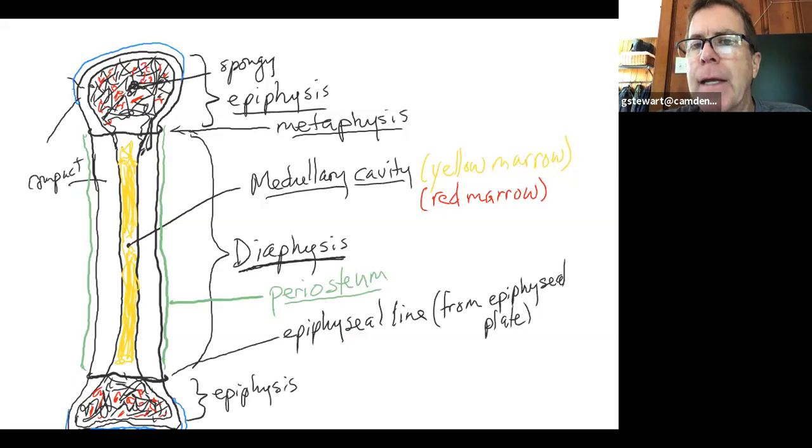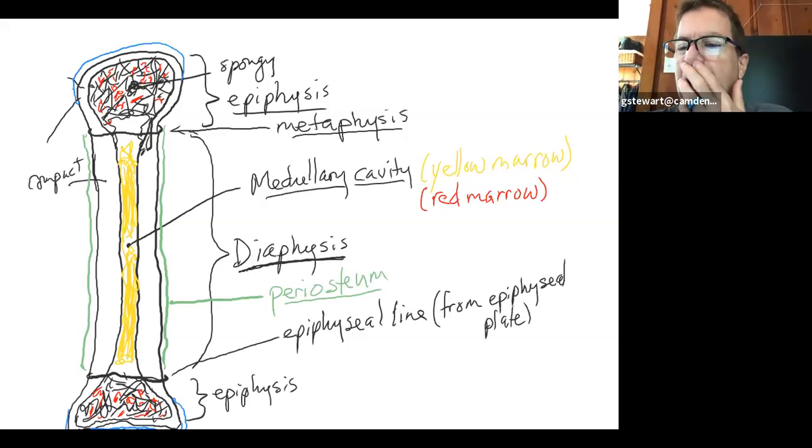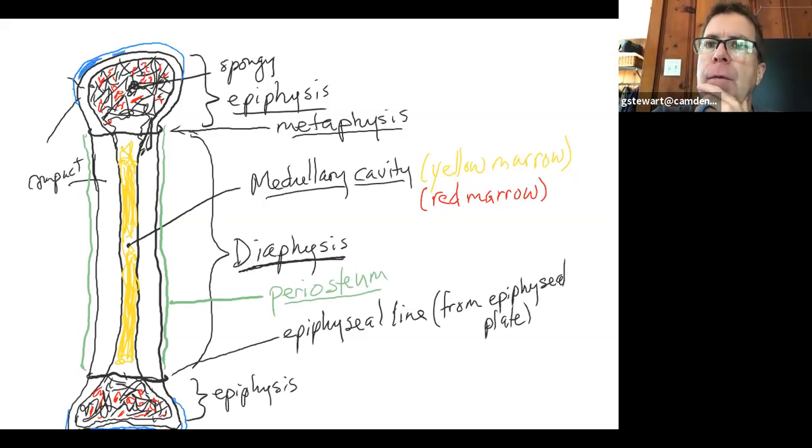Well, I'm running out of different colors. There is a lining to the inside of the medullary cavity as well. I'm going to use blue, even though I used blue for this hyaline cartilage out here. It's not cartilage, but I just ran out of different colors. There's a lining to the inside, just like a soup can has a lining to it, a really thin, delicate lining of tissue.